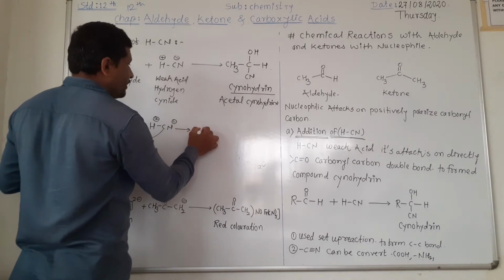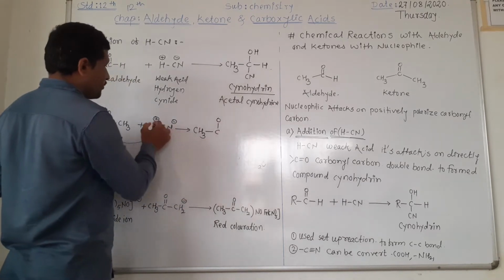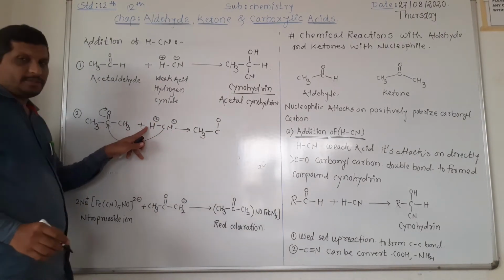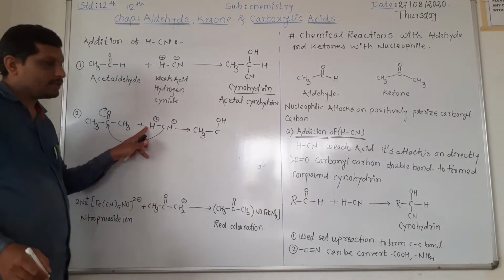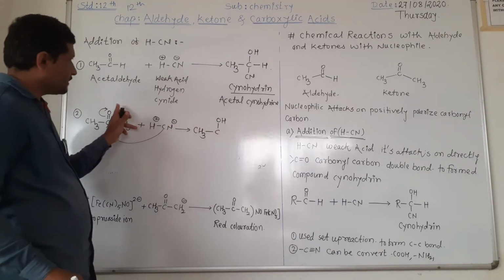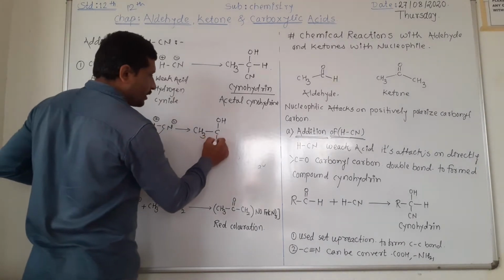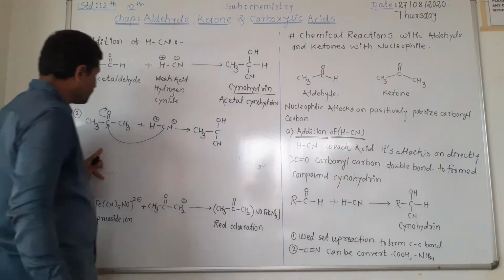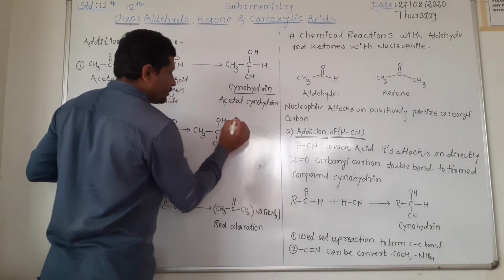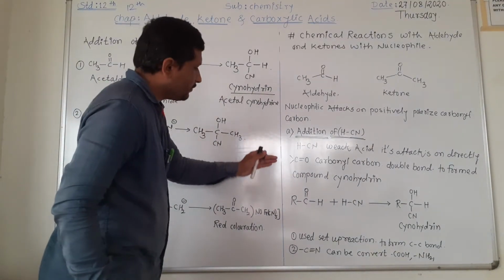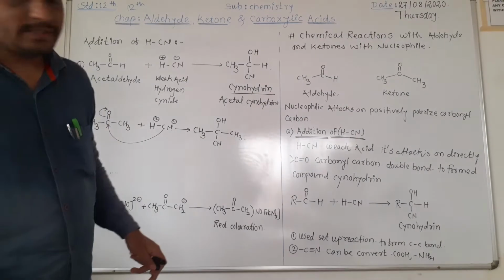Now CH3, O-, and here the H+ ion adds to the negative charge of the oxygen to form the hydroxyl group. Cyanide attacks the carbonyl carbon to form the single bond, and the remaining CH3 is attached here, to form acetone cyanohydrin.